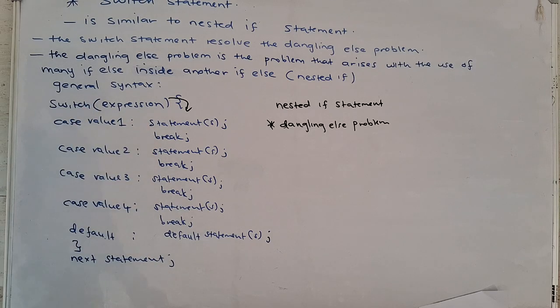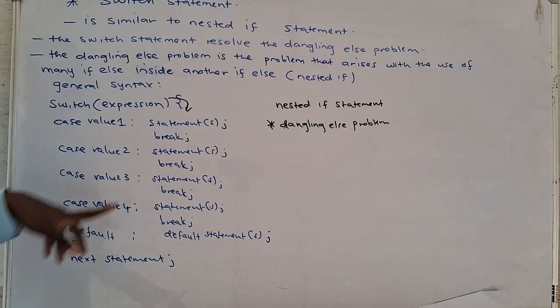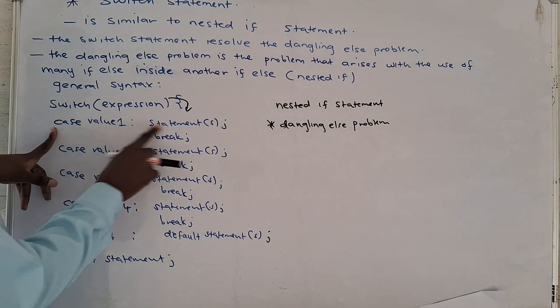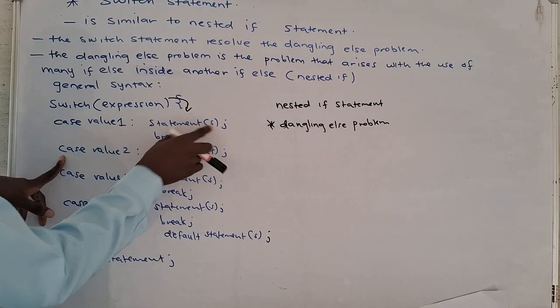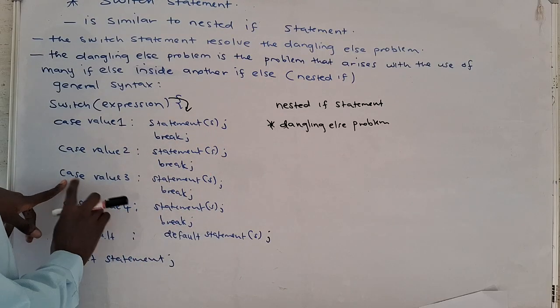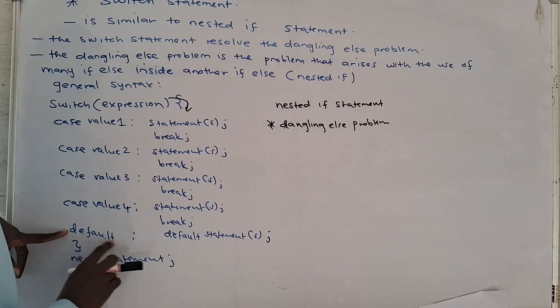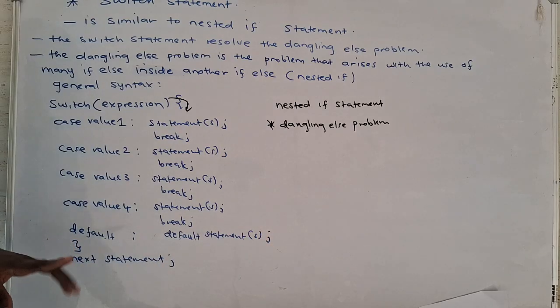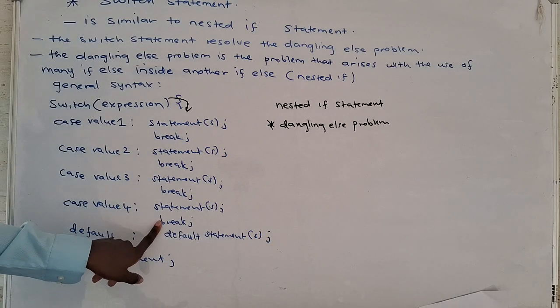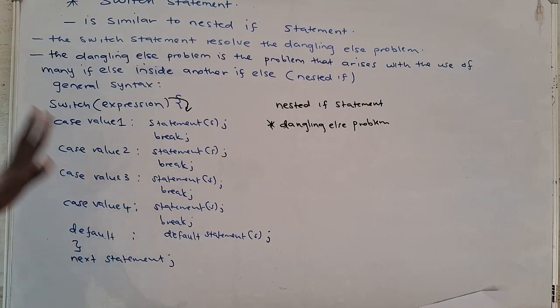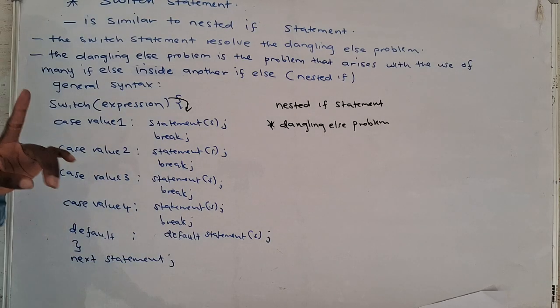What is the importance of this break statement in this case? Suppose you are writing case value 1 statement or statements, case value 2 statement or statements, case value 3 statement or statements, case value 4 statement or statements, and default, you write default statements. You are not writing these breaks. The breaks are not there. What is going to happen?